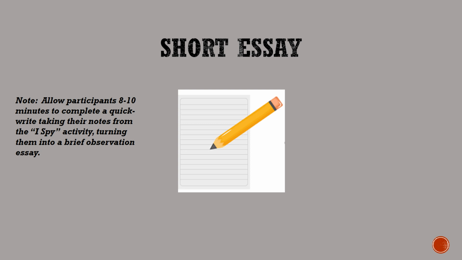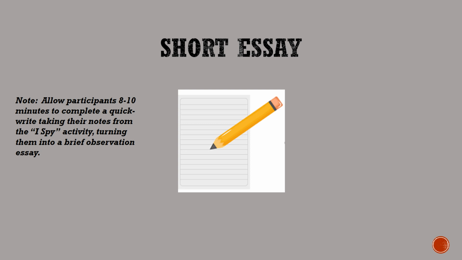Afterward, I set the timer again, and I have the students take the observations they jotted down about the person they spied on and flesh them out into a short essay. I don't require students to format this essay into paragraphs. I'm not looking for format as much as I'm looking for content.